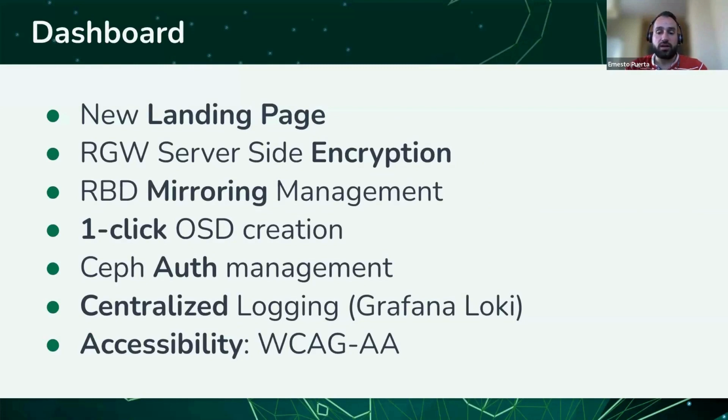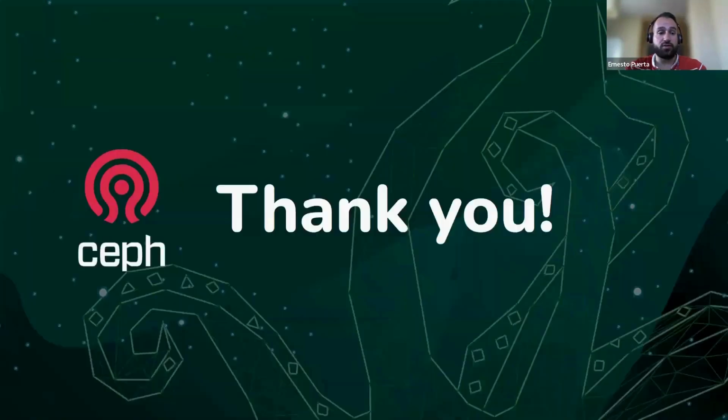One is the one-click OSD creation, and also there's been an improvement on the Ceph auth management. There is also centralized logging built on top of Grafana and Loki. And this has been part of a Google Summer of Code project to bring WCAG AA level of accessibility. So that's been all from my end.